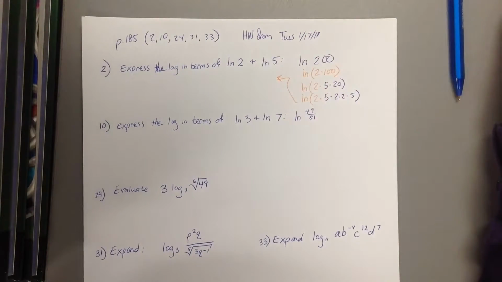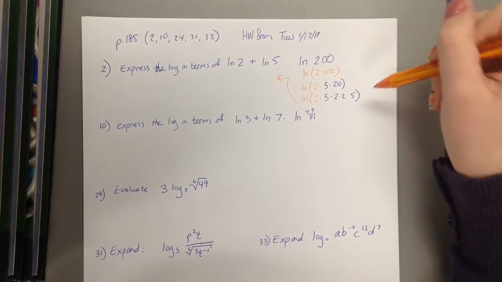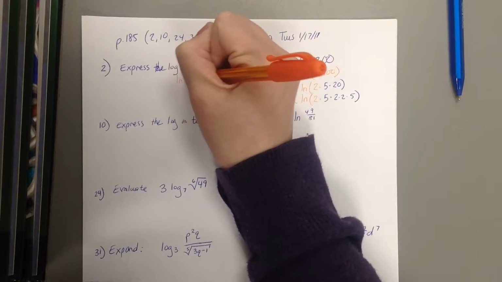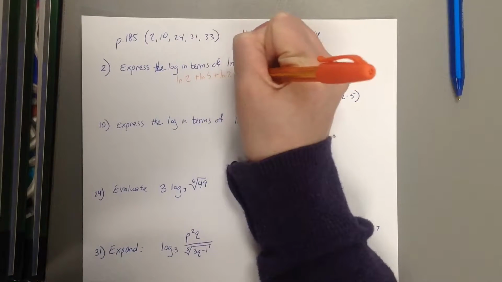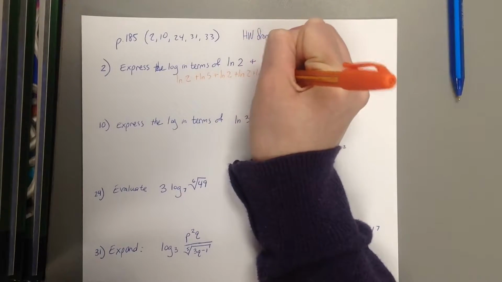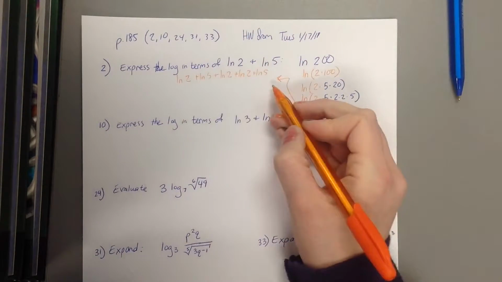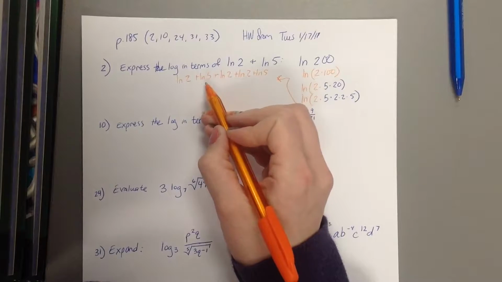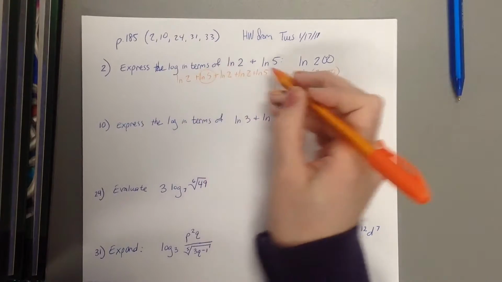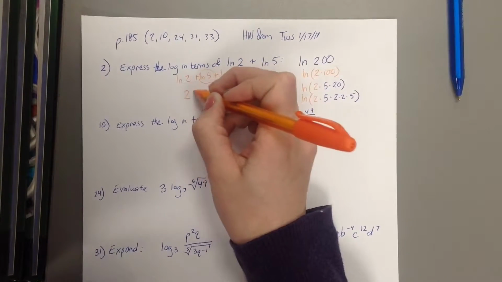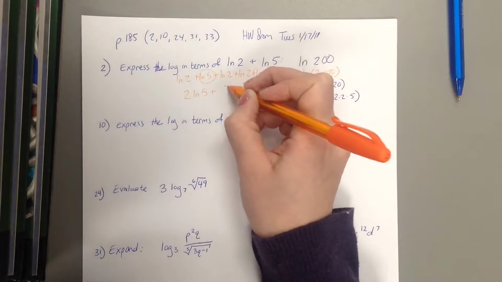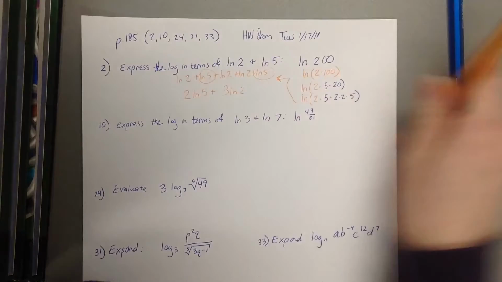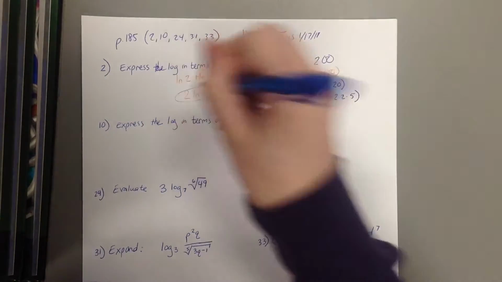When I break this down with logarithmic addition, I see I have the natural log of 2 plus the natural log of 5 plus the natural log of 2 plus the natural log of 2 plus the natural log of 5. However, I can clean this up a bit. I have 2 natural log of 5's, so I'm going to bring them together, plus 1, 2, 3 natural log of 2. So that is my final answer there.